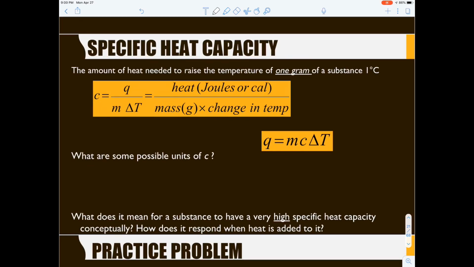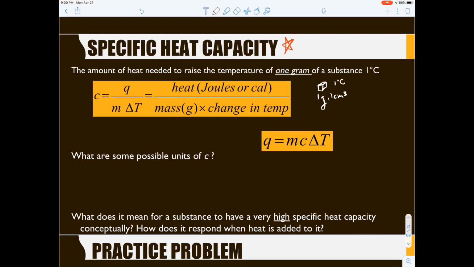Okay, so the specific heat capacity is kind of a tricky thing to wrap your head around, but it's important and it's not that difficult once you think about it. So basically, if you think about having a little cube of water, let's say that it's 1 cubic centimeter, so it's 1 gram, right? And let's say that it's at 1 degree Celsius.